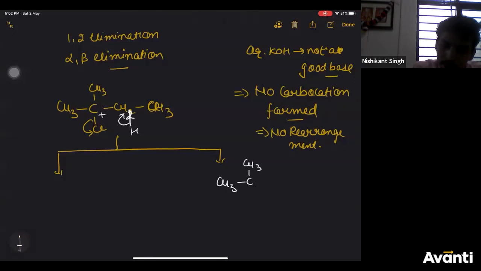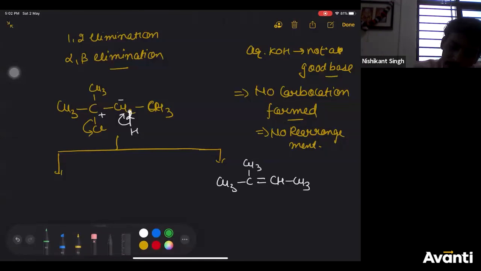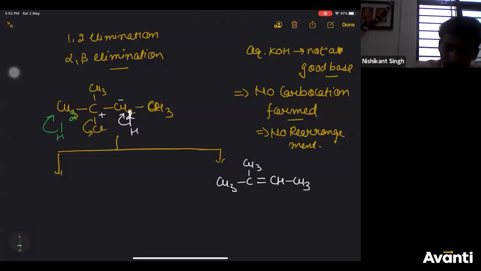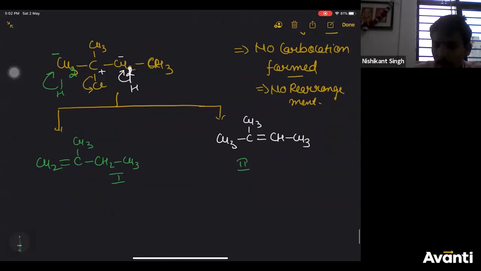This carbon positive, this carbon negative, so double bond, CH, CH3. And if you remove the hydrogen from this carbon, then you'll get CH2 with negative charge here. So CH2 double bond C, CH3, CH2, CH3.